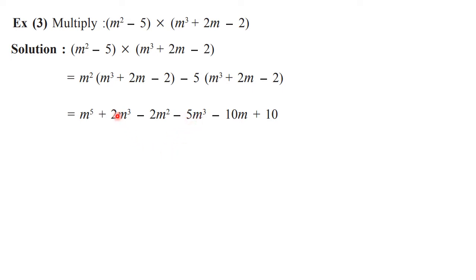Only these two terms are like, the rest are all unlike. So the first will be m raised to 5. Then 2m cube, along with that the like term minus 5m cube. After that we have minus 2m square. Then we have minus 10m and finally plus 10.